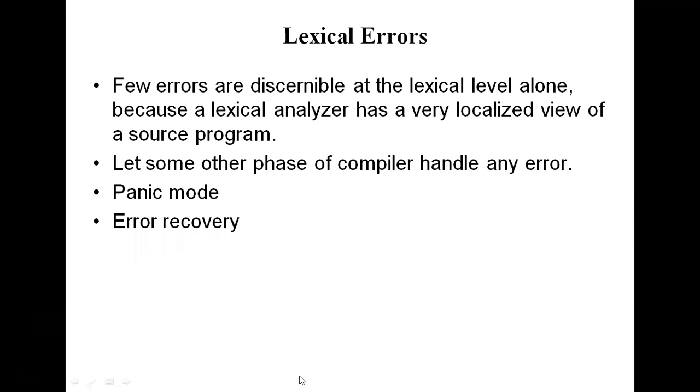And the next most important thing is another subphase, the error handler. How is the error handler phase going to be implemented, and what type of task is the error handler going to perform? As the name itself says, it is the handling of errors.